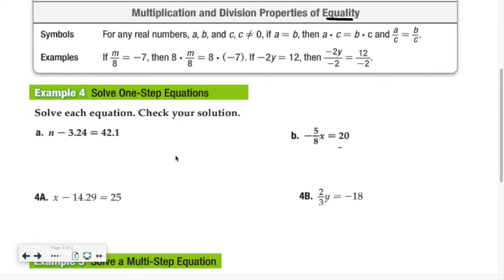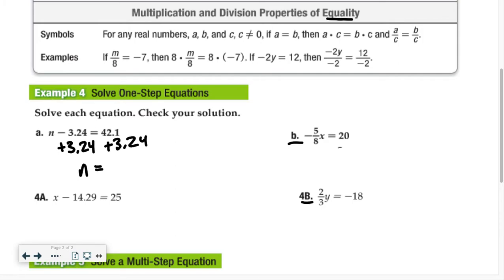Guys, here we've got some one-step and what I consider two-step equations. I guess these B examples, you could call them two-step or one-step. I'll show you guys both ways, one on each. But the A examples, we've got n minus 3.24, so we just add 3.24 to both sides.